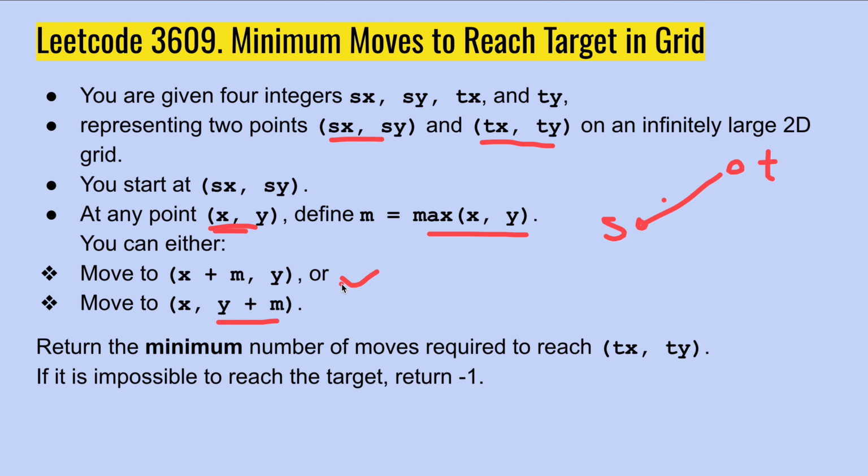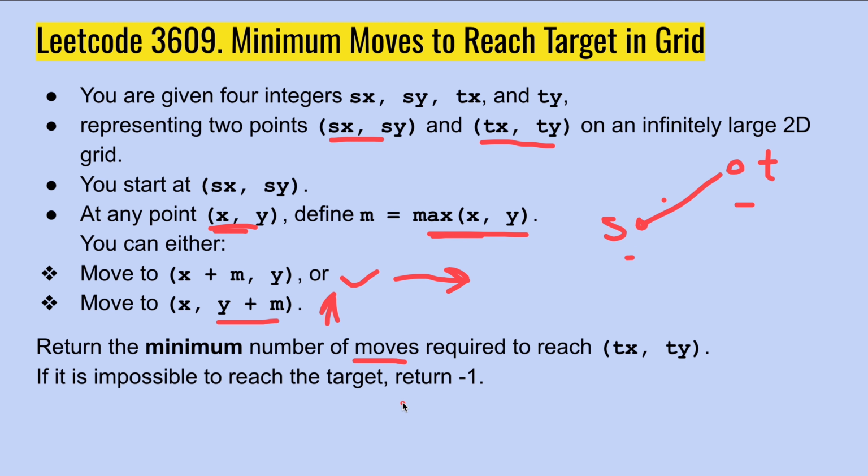In this direction we move to the right side, and in the other we move upward. Easy, right? It all depends on the max of x and y, meaning the maximum value of x and y, and our goal is to find the minimum number of moves required to reach from source to target.